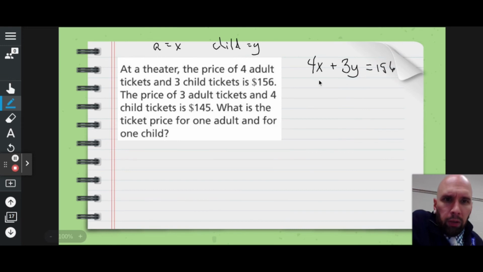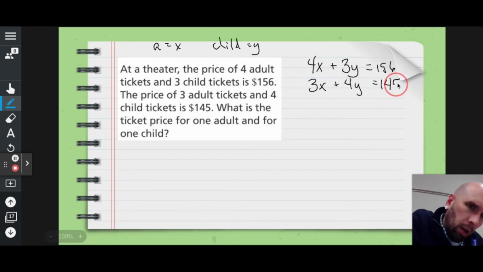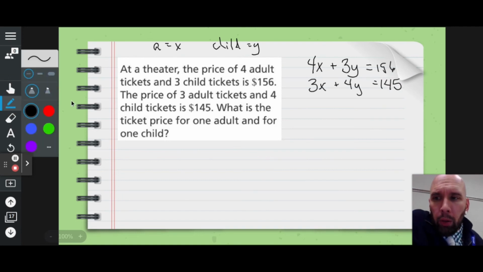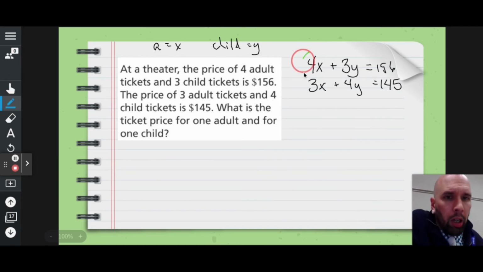The price of 3 adults, so 3x, and 4 children's tickets, 4y is 145. All right, as much as I really don't want to do it, I think the best way to go is elimination. So I'm going to get rid of my x by multiplying the top equation by -3 and the bottom equation by 4.